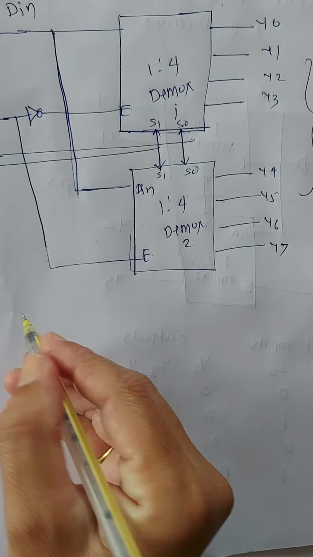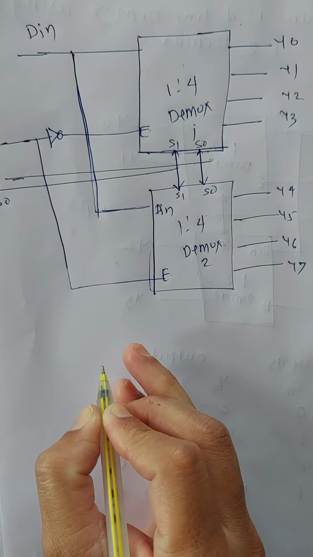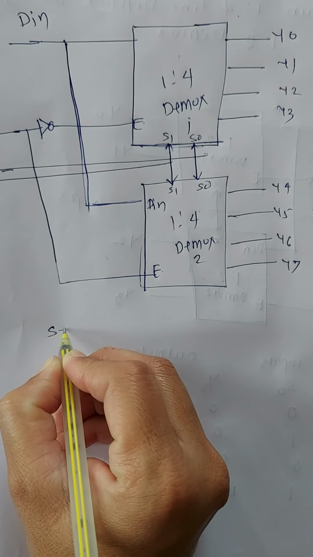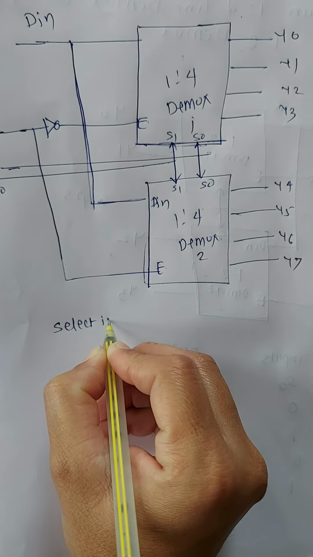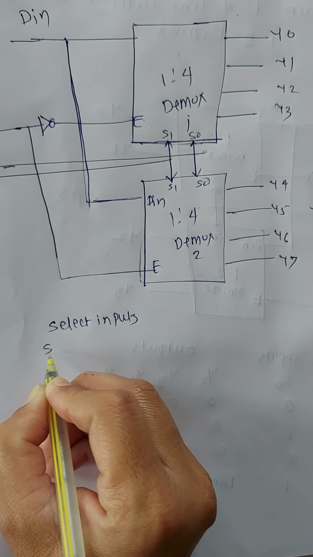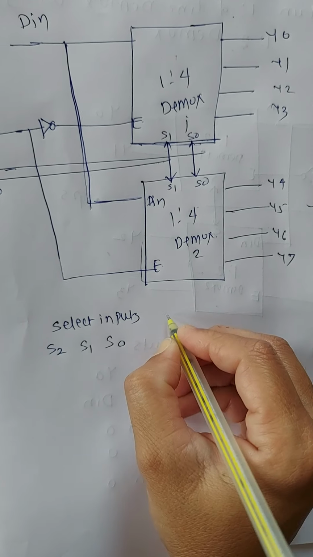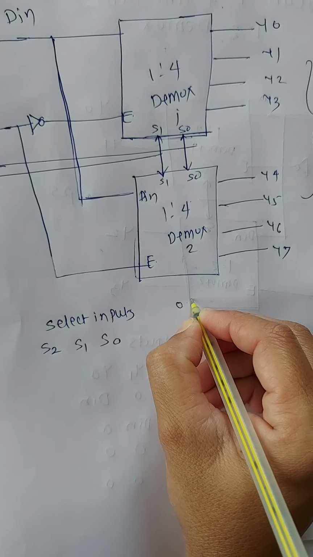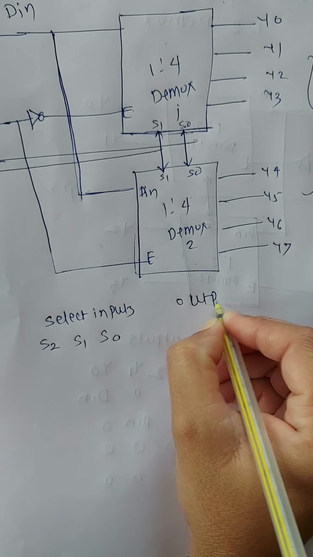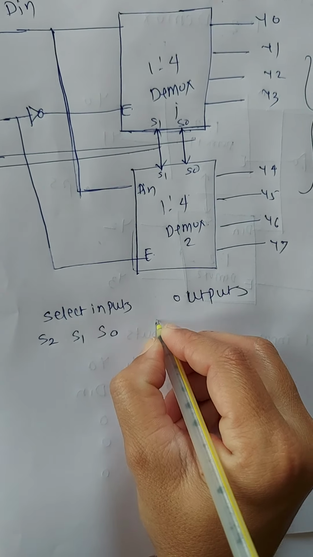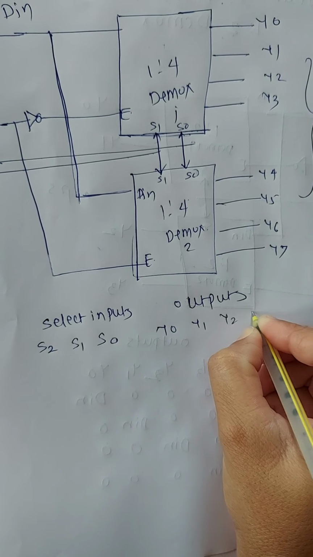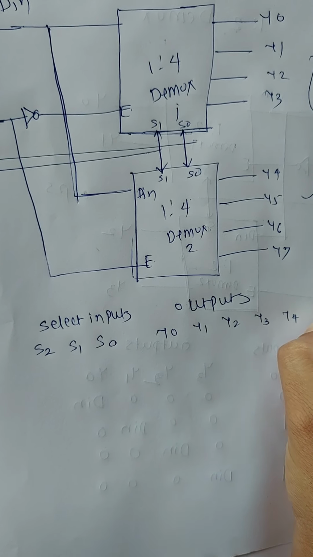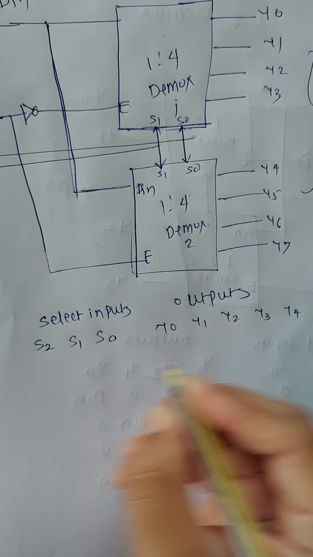This is obtaining 1:8. Then the select inputs: the truth table has 3 select inputs, S2, S1, S0, and outputs Y0, Y1, Y2, Y3, Y4, Y5, Y6, Y7.